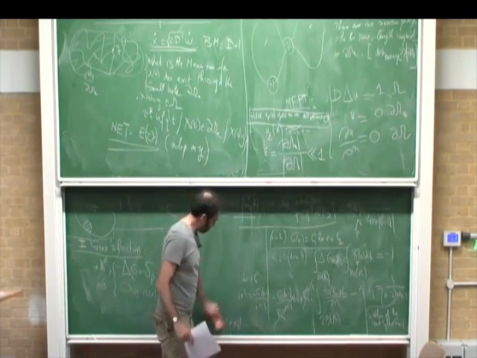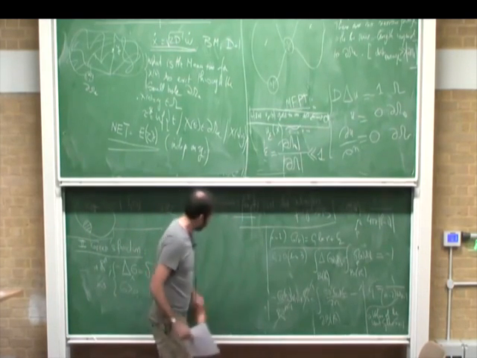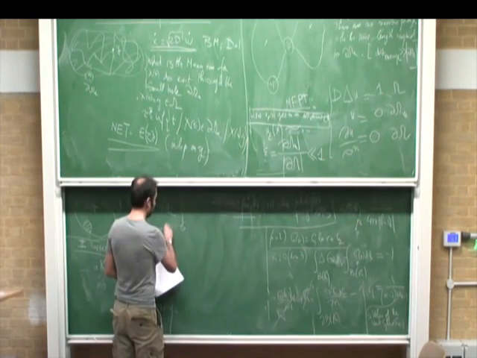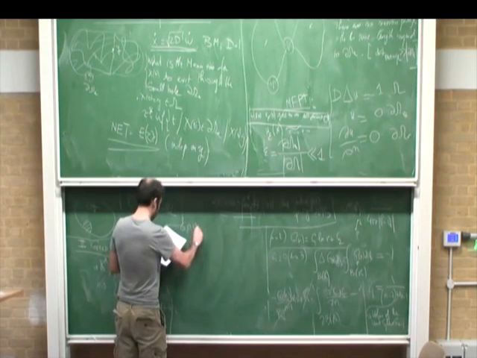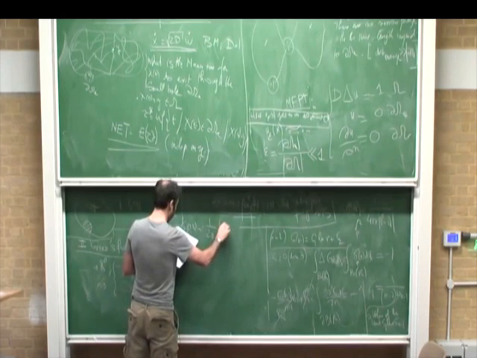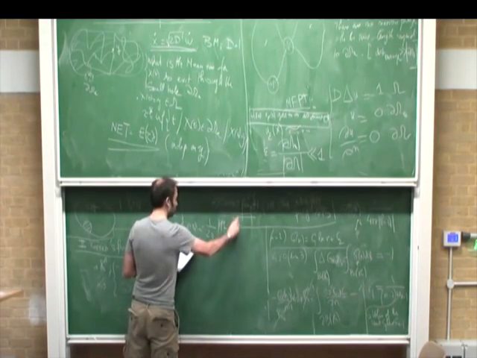Then we'll stop for today because I'm getting tired. In dimension 2, the Green's function is minus 1 divided by 2 pi log of the distance between the point P and the point Q.